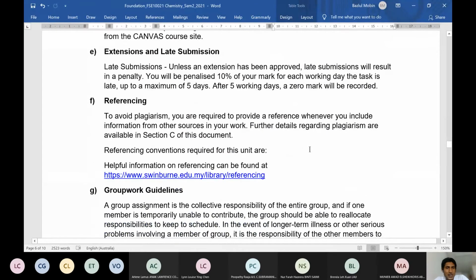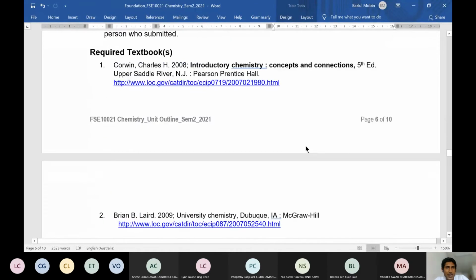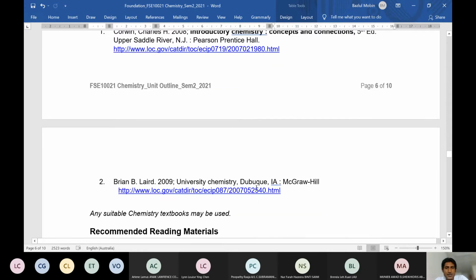All right, so the required textbook is Introductory Chemistry, and for this another one, the link is given. You have to go to the link to get that book. If you have any problem, please contact our library through the online channel.